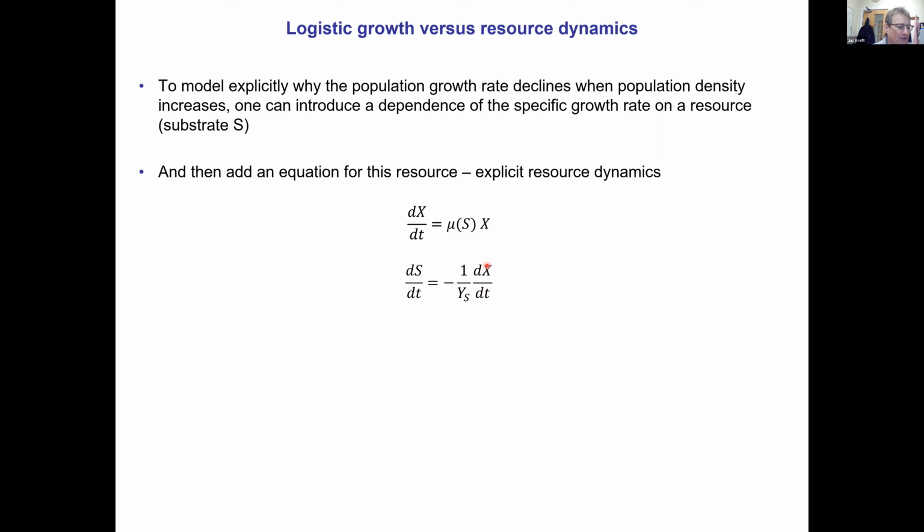So more growth, if the population grows, substrate goes down. This is the negative sign here, and this is just a conversion factor between substrate and biomass. So this is basically coupling. These two differential equations are coupled. Growth rate depends on substrate, and substrate decreases when population increases.